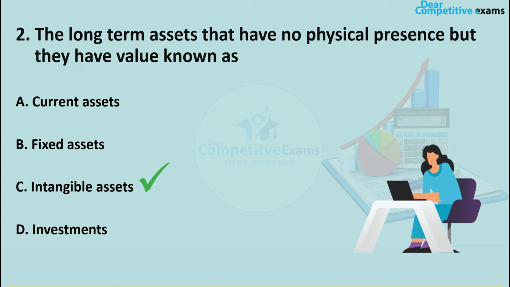Friends, an intangible asset is an asset that is not physical in nature. It cannot be seen physically. Examples are goodwill, brand recognition, and intellectual property such as patents, trademarks, and copyrights.